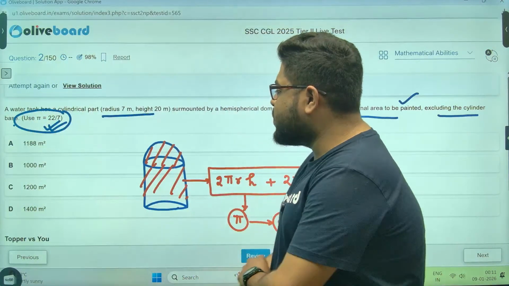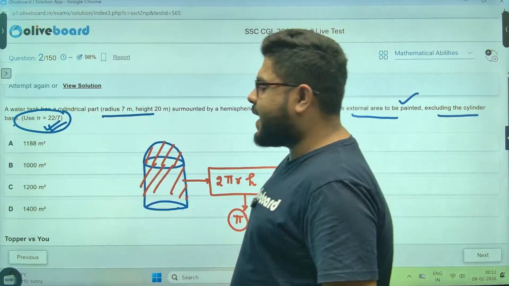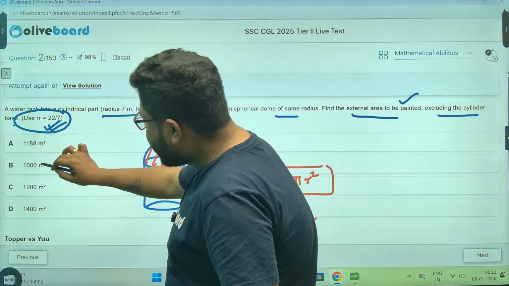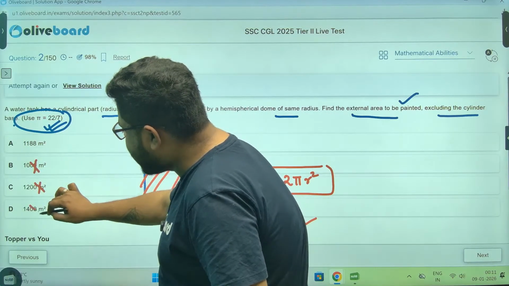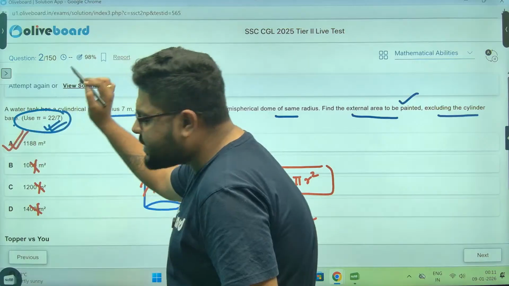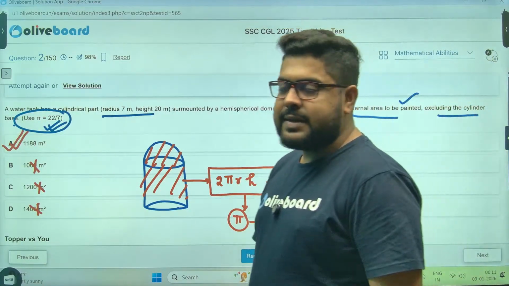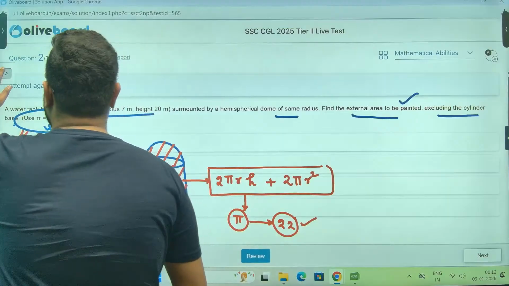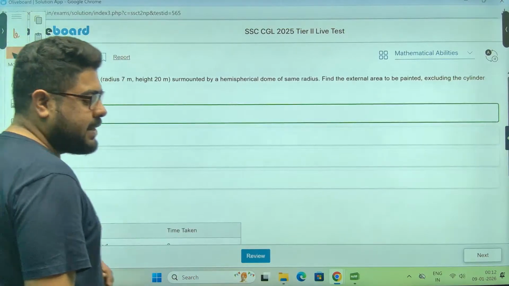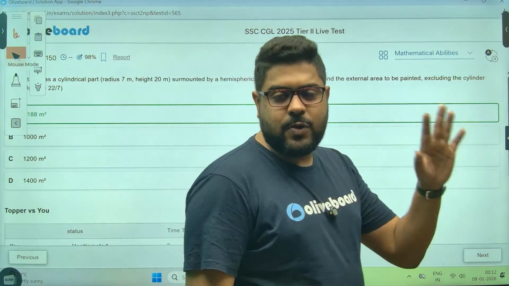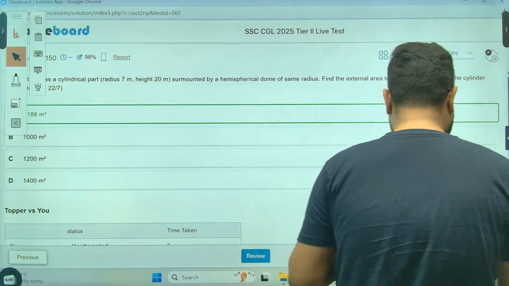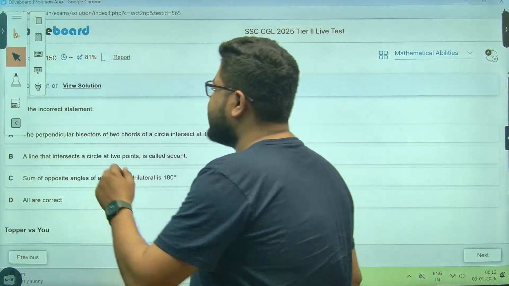It cannot be the others; the only possible answer is A. I do not need to do any calculations whatsoever. Again, I did not do a single line of the question. Next one, please.